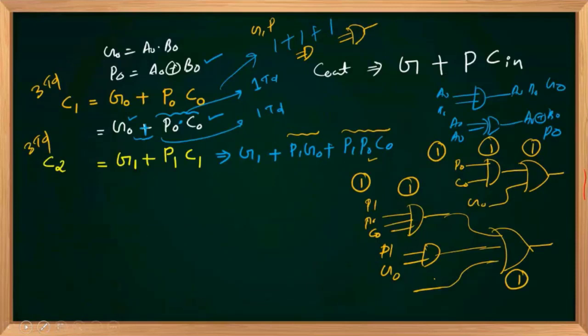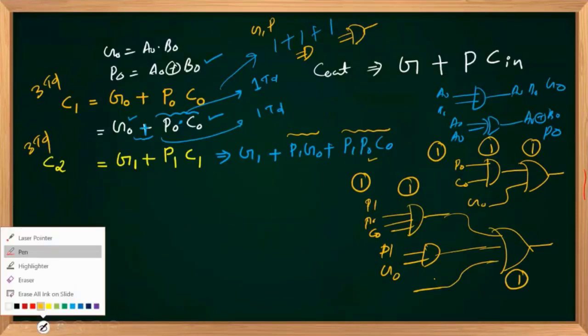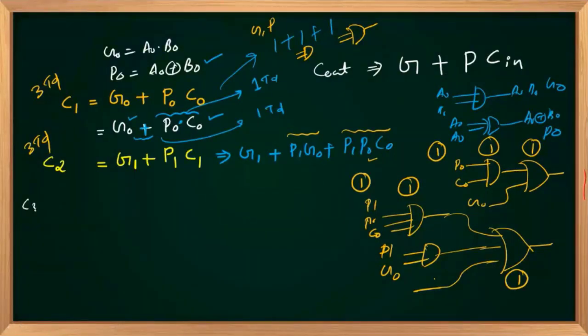Similarly, if you are extending this, if you are going for C3, C3 is nothing but, that stage input is A2 and B2, so it can generate a carry G2, plus the stage will propagate its input carry, that is P2 dot its input carry, which is C2.